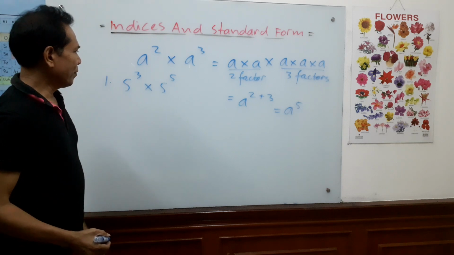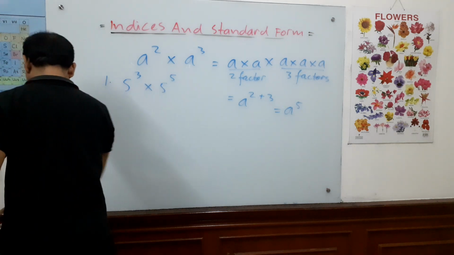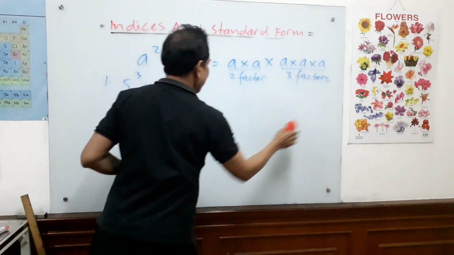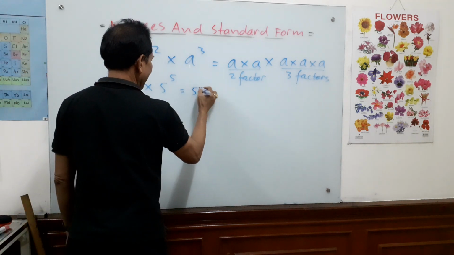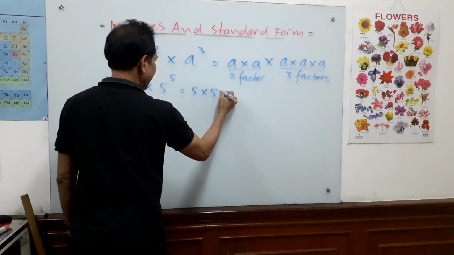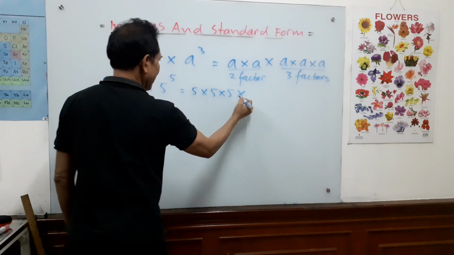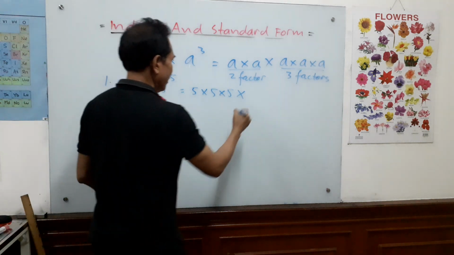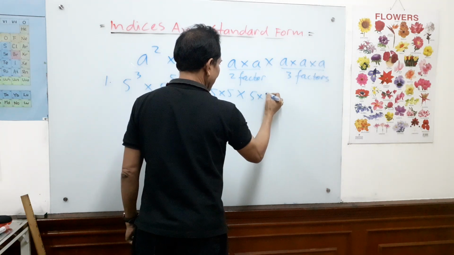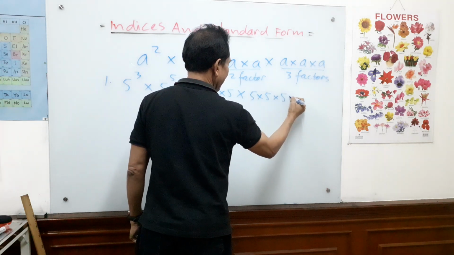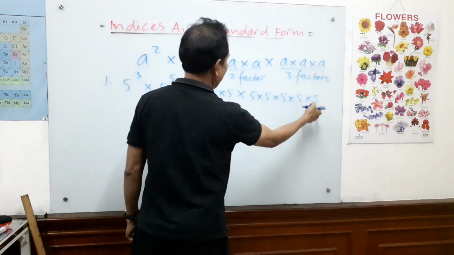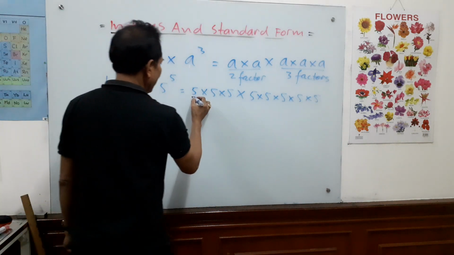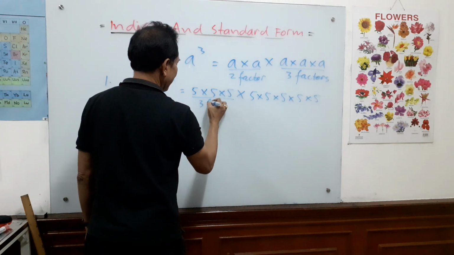So you multiply 3 times and 5 times. What we have here is 5 times 5 times 5, multiplied by 5 times 5 times 5 times 5 times 5. 1, 2, 3, 4, 5. We have 3 factors here.